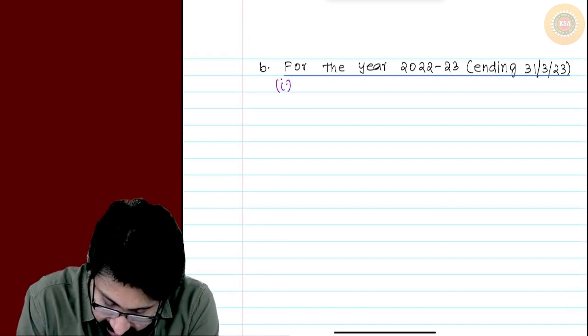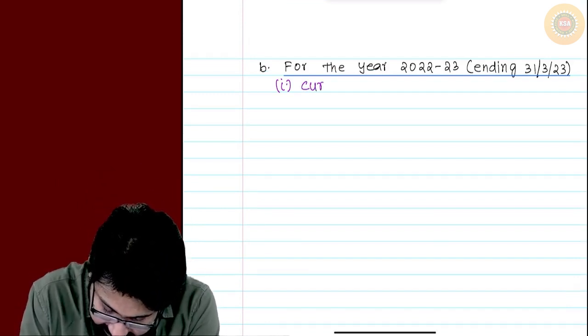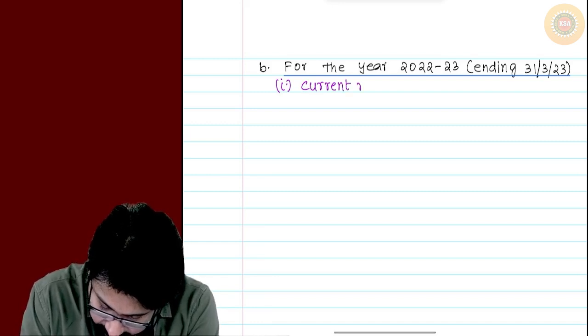Let's do it together fast. 5 minutes we should complete this and then we will go to all other ratios.